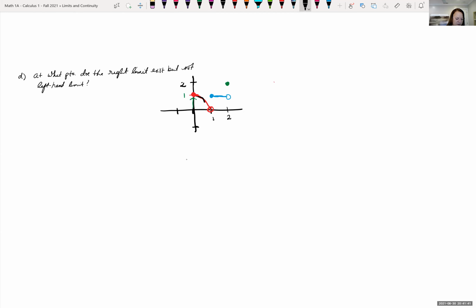If I approach x equals 0 on the right of this function, that's telling me that I'm getting back 1. But the limit as x approaches 0 from the left, there's no piece of the graph there. This is not part of our domain for anything less than 0. Does not exist.